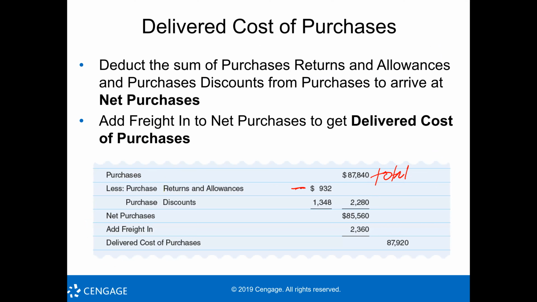And then we subtract purchase returns and allowances. We subtract purchase discounts. So we're going to subtract 2280. So that gets us to net purchases 85,560. And then we have to add freight in. And that gets us to the delivered cost of purchases.